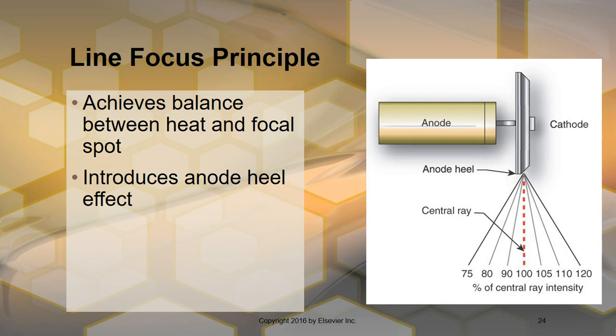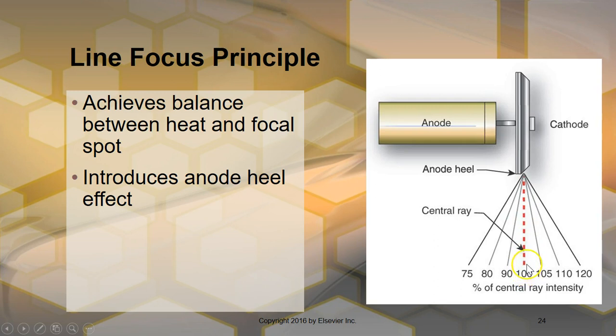You can't see my hands right now, but pretend like I put them together and I'm doing this. Anytime you see a light coming out of a flashlight, what does it do? It starts at a point and it diverges as it goes out further. Well, that's what happens to our X-ray too. We intend for it to come out of the target window in one straight line. That's what we want. There's our central ray.